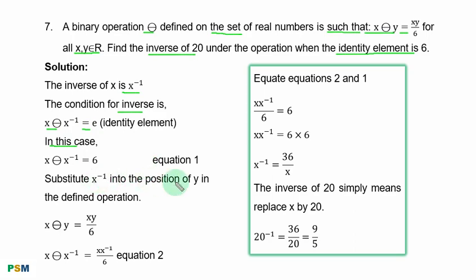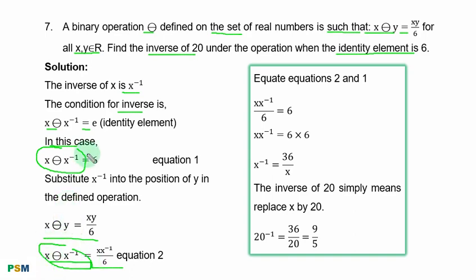To proceed, you have to replace y with s inverse in the given operation. This is the given operation. You replace y with s inverse in this form. Let's call that equation 2. You have to equate both equations since they have the same left hand side.